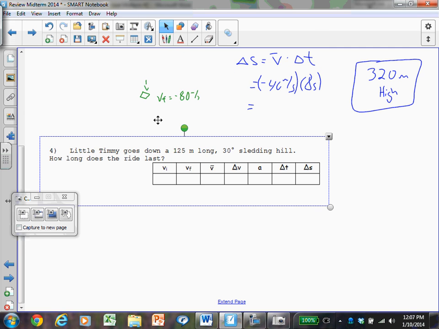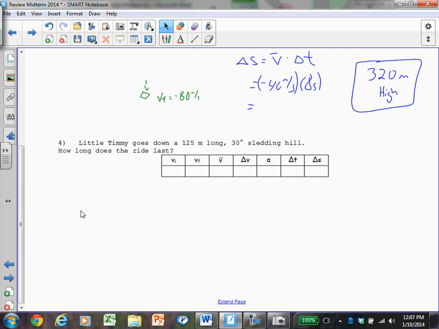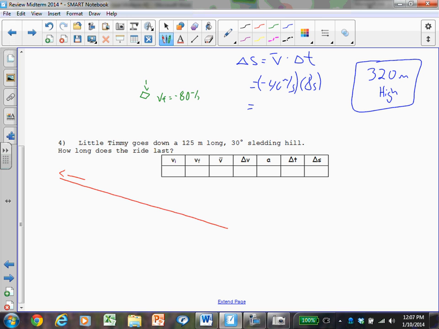Okay, so little Tommy goes down a 125 meter long sled hill, 30 degrees. How long does the ride last? For this, we'll start at 0 again. We're going down the hill, so we'll say minus 125 meters.